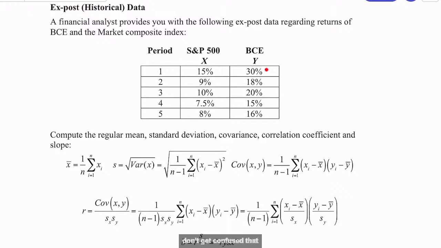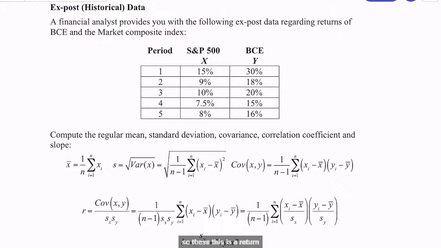Now don't get confused that I'm working with percentages and then we're going to talk about expectations in terms of probabilities or things like that. Remember, that's the units here, okay? So if I looked at women's heights, it would be inches. If I look at dollar sales, it would be dollar units. In this case, percentages are the units.